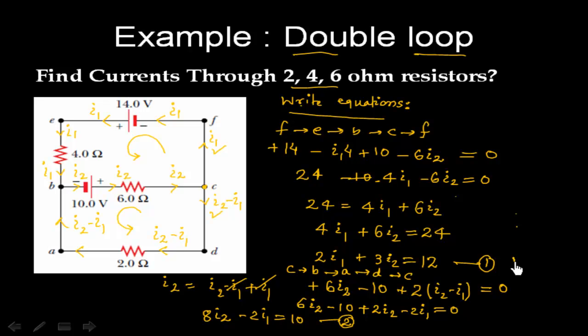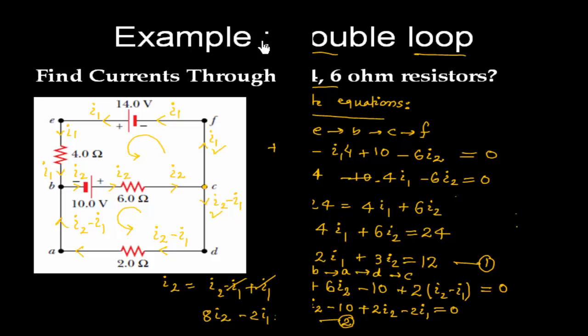Now we have to solve these two equations, equation 1 and equation 2. The first equation is 2I1 plus 3I2 equals 12.